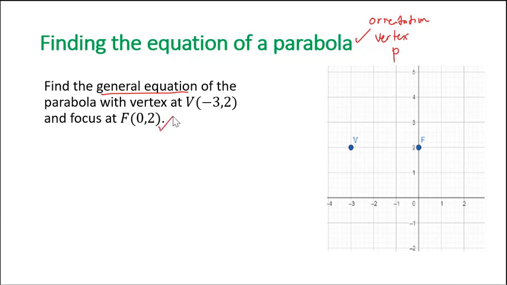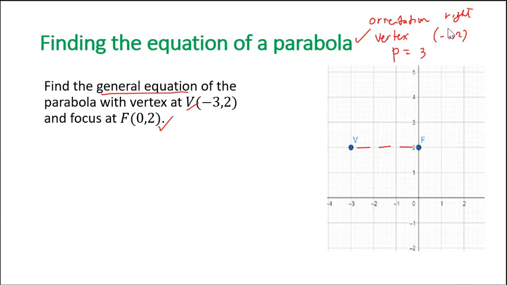Since the focus is given, if we plot this vertex and focus, we can see that the focus is to the right of the vertex. So that means the orientation is opening to the right side. And we know that the distance of the vertex and the focus is the value of p. So in this case, the distance is 3.